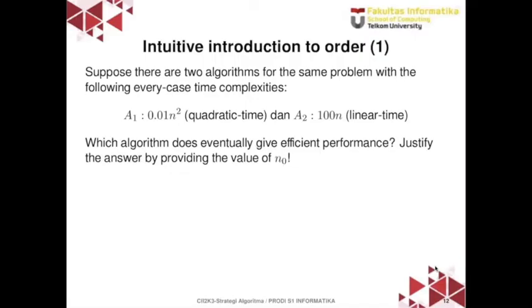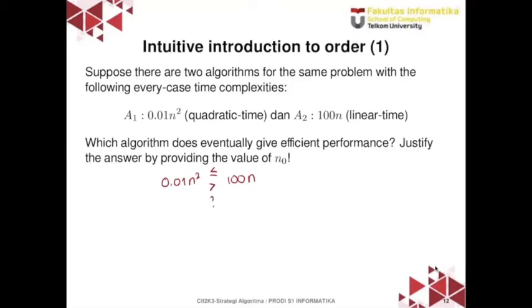So here basically we want to know, for 0.01 n square and 100 n, how their relation is: whether the left one is less than or equal to the right one, or maybe more. We will check that.